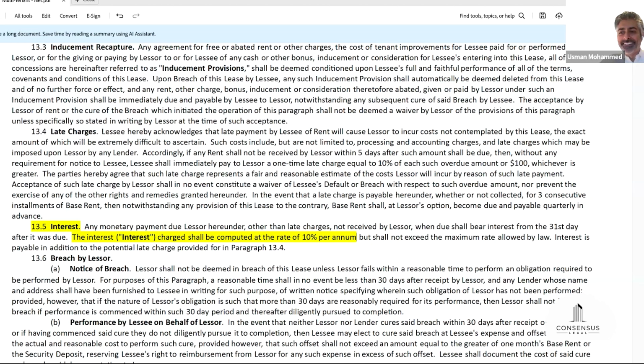Some good questions here. 2.3 of the AIR CRE leases deals with modifications required as a result of a change in applicable law, and it deals with allocating the responsibility between the parties in that scenario.